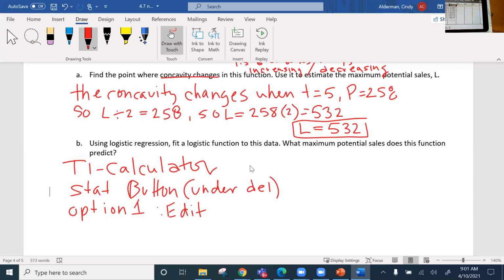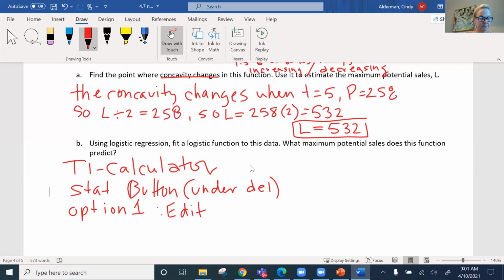You'll get this screen right here, and you'll just enter all your data in. So notice that L1 is all the T's in the table, and L2 is all the P's in the table. So you're just entering all the data, and now we're going to ask the calculator to figure out what the model is, the formula for this amount of data.